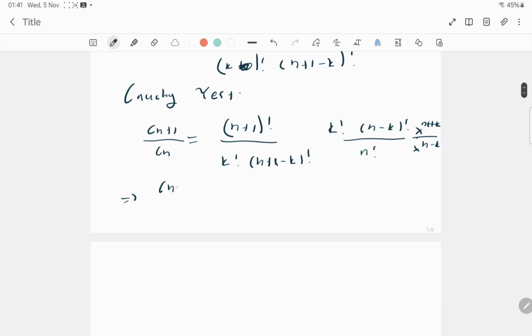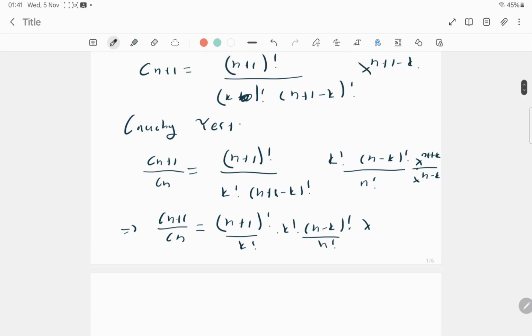So we can polish that a little bit. It's going to be n plus 1 factorial over k factorial times k factorial n minus k factorial over n factorial, times x to the power of 1, because we can simplify using power laws: x to the power of n plus 1 minus k minus n plus k.